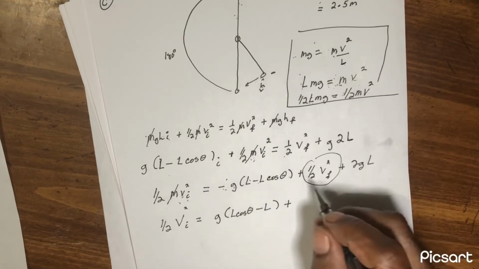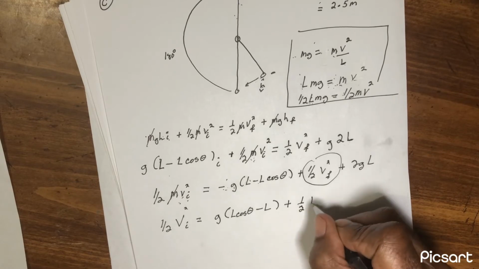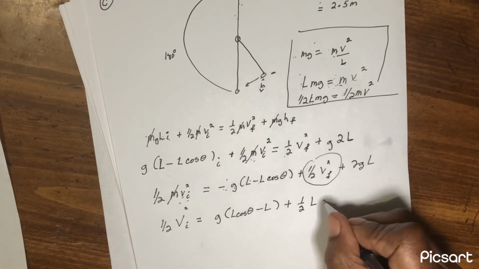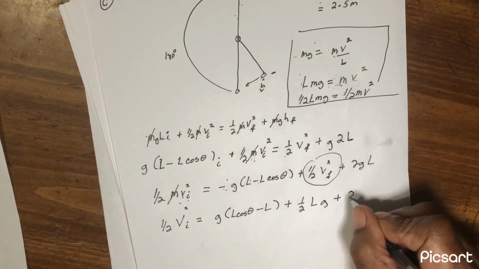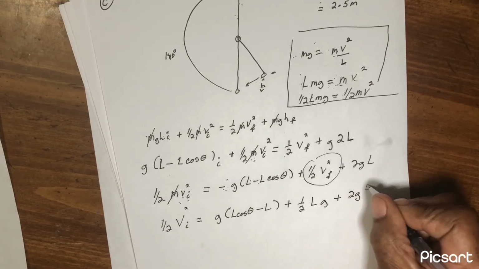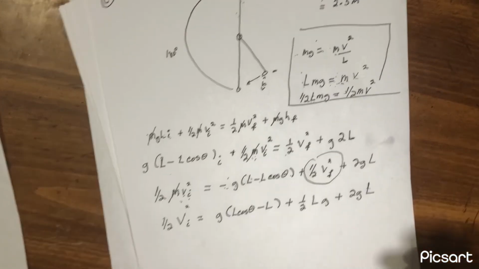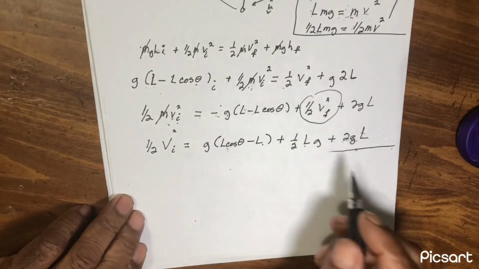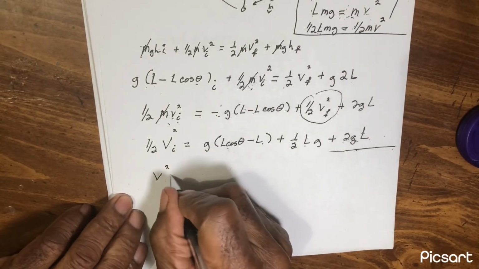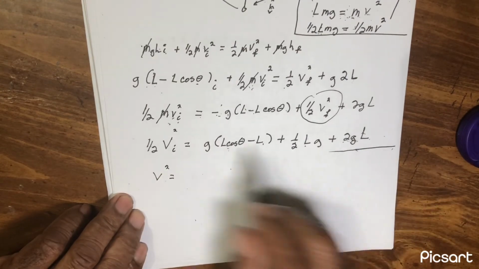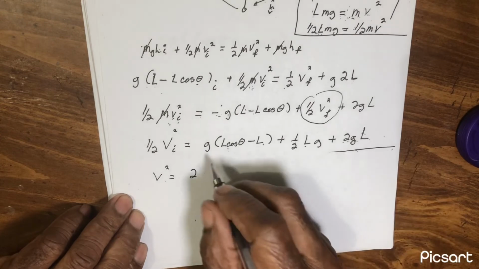So I'd have 1/2 LG plus 2gL. So v squared is going to equal 2 times this whole thing.